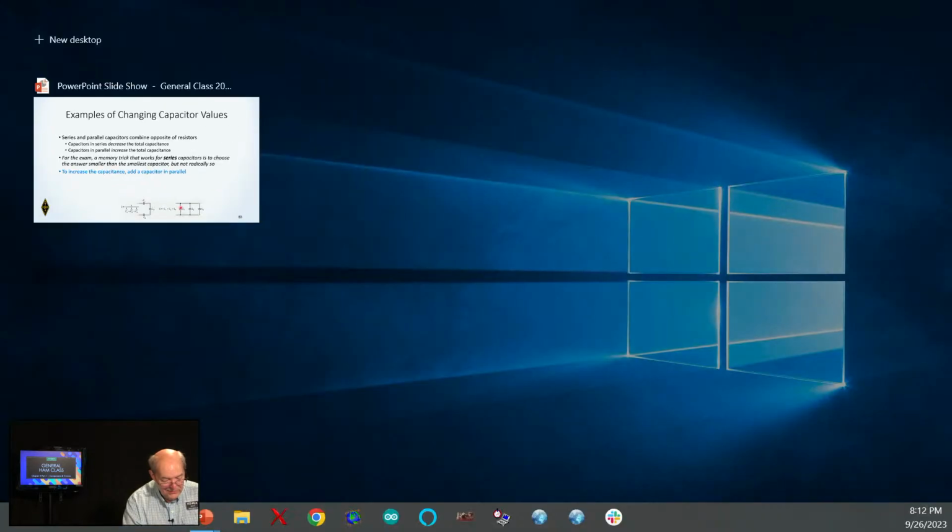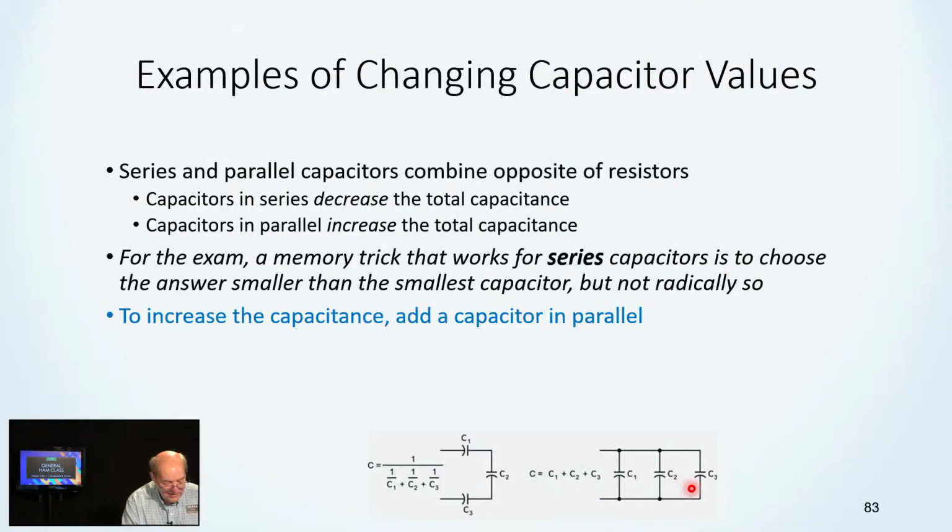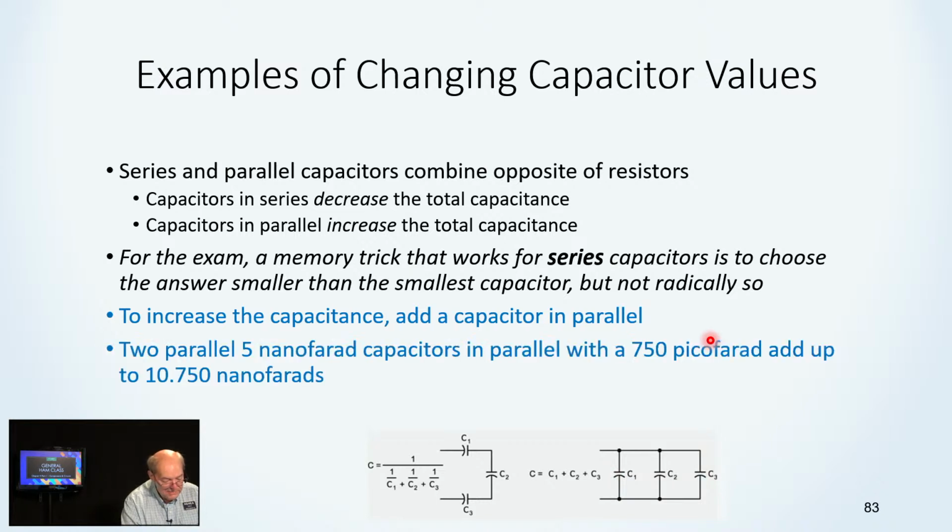For me, I think of adding batteries in parallel. It increases the total capacity. Now, there's one kind of oddball one here. It says 2 5 nanofarad capacitors in parallel with a 750 picofarad add up to 10.75.